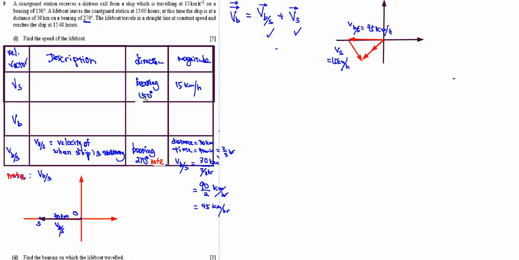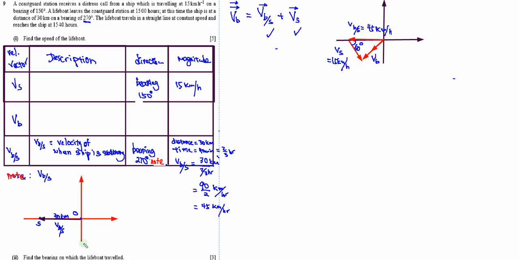Since the bearing is 150 minus the 90 degrees, this will give you 60 degrees. Okay, this plus this gives you the VB. So using cosine rule you can calculate VB.